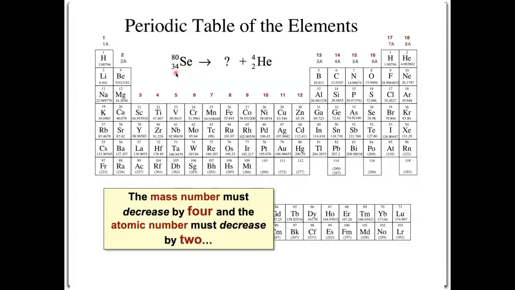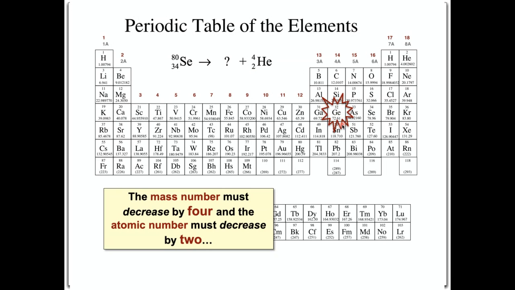We are going to lose 2 protons. So we're starting here with selenium. Atomic number is 34. If we lose 2 protons, that means the atomic number is now 32, and that's germanium.